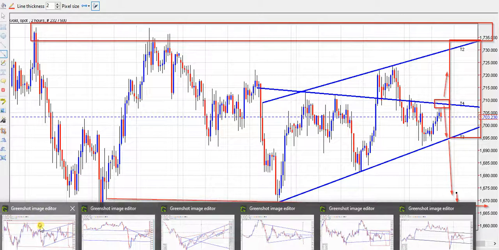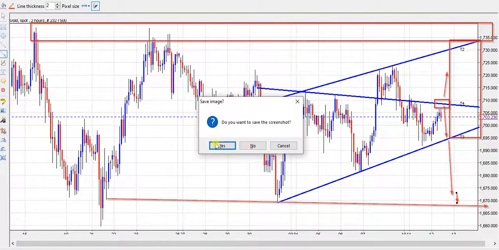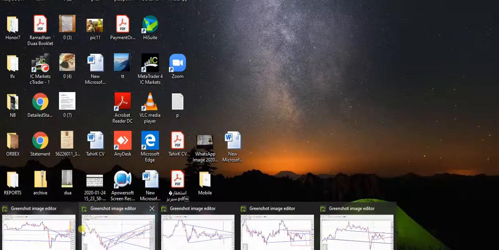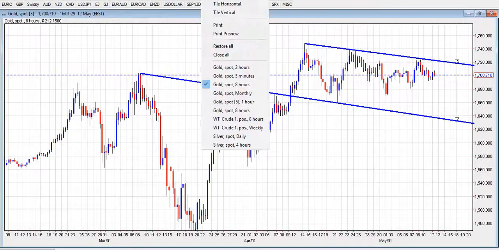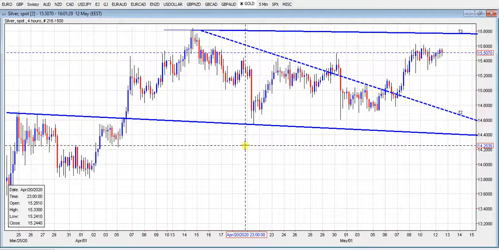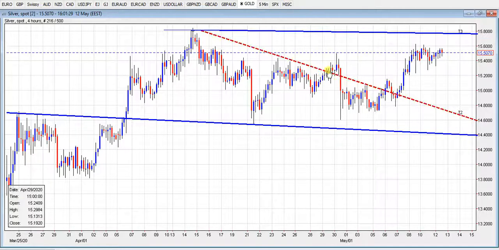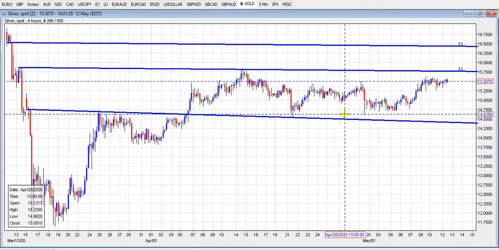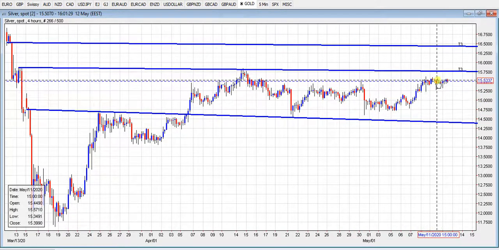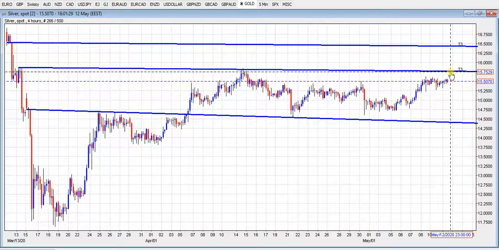Then I pulled out the silver. One of my last posts on Orbex on commodities was the silver, and against 1450 I was in favor of a move towards 1570, 75.